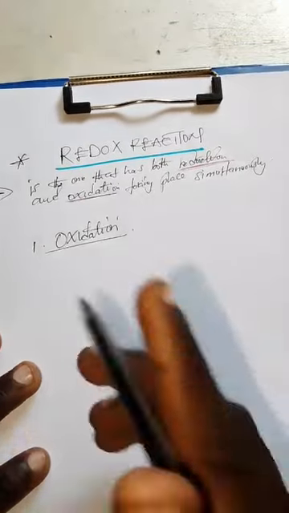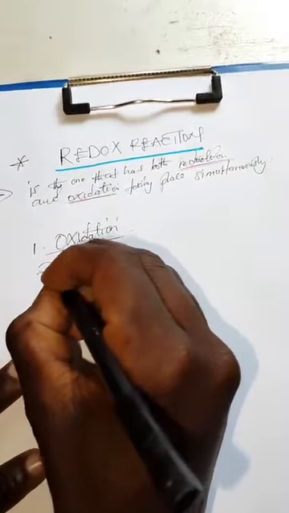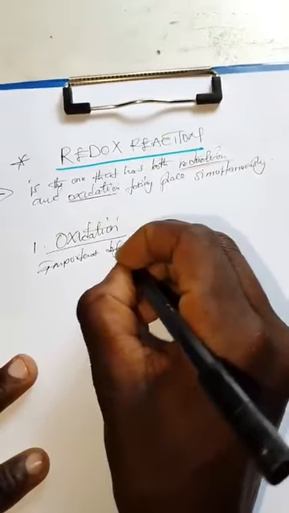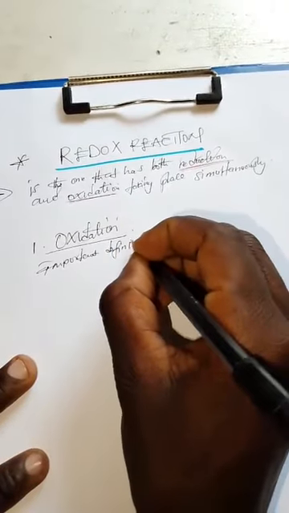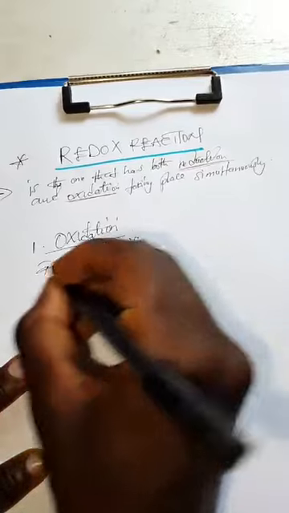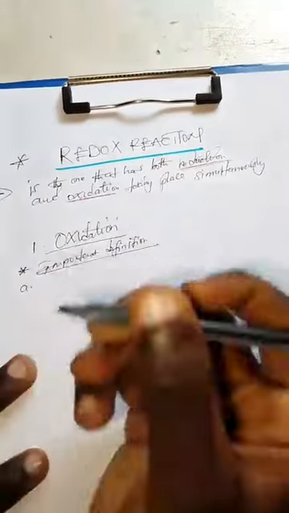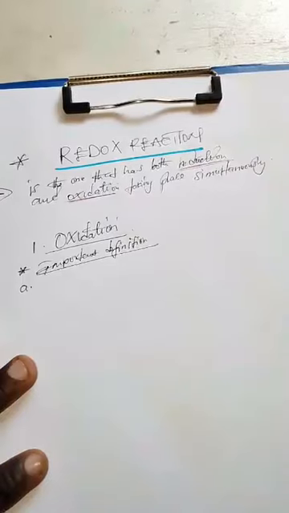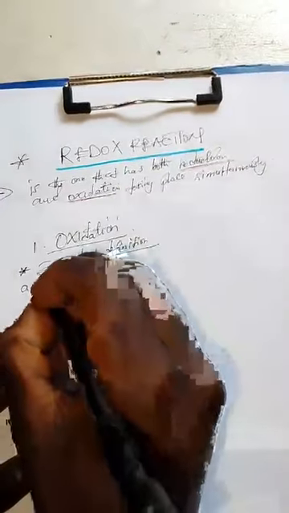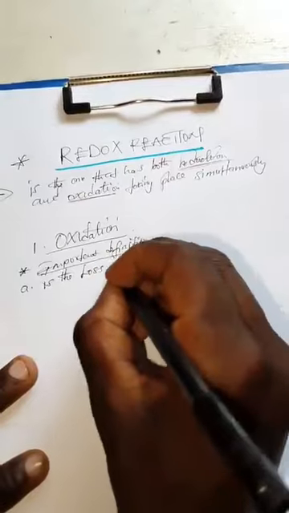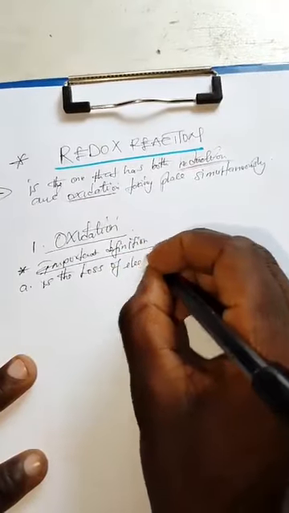Important definitions of oxidation. The first one is that oxidation is the loss of electrons.